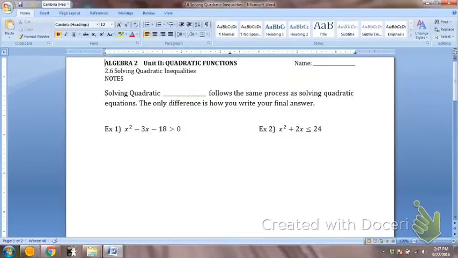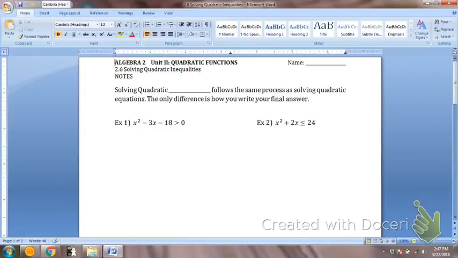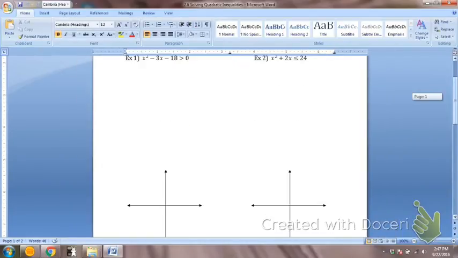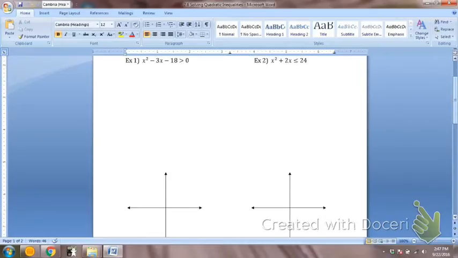What two numbers multiply to get negative 18 and add to get a negative 3? Okay, put that on your paper. And we're just going to keep that greater than 0 there. We're not going to focus on it until the end.